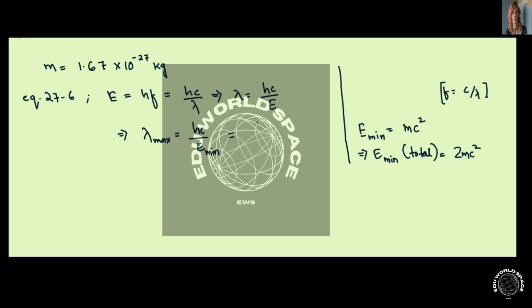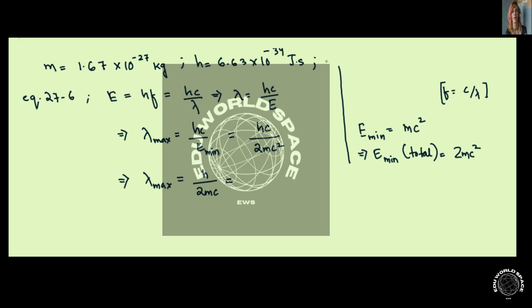So lambda maximum is equal to hc over 2mc square. This gives lambda max is equal to h over 2mc. So h is the Planck constant, which is 6.63 times 10 to the power minus 34 joules times second.